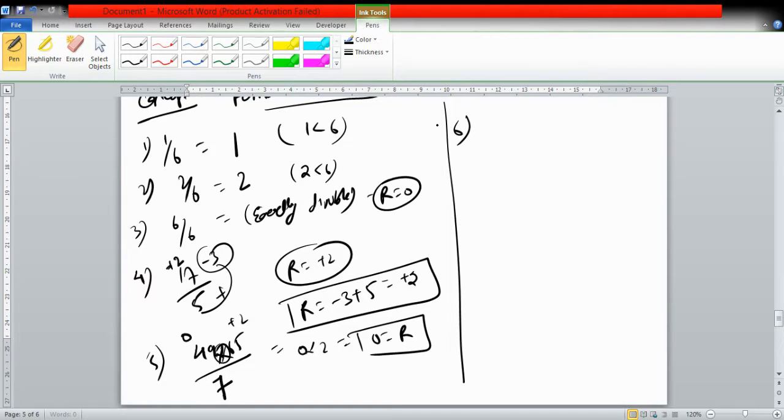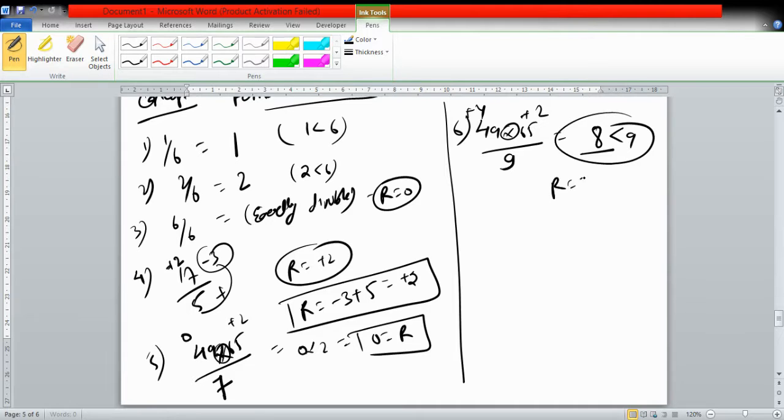Next example, 49 into 65 divided by 9. Take the remainders separately: 49 divided by 9 is plus 4, and 65 divided by 9 is plus 2. The operator is multiplication, so 4 into 2 is 8. 8 is lesser than 9, so the remainder is 8 itself.